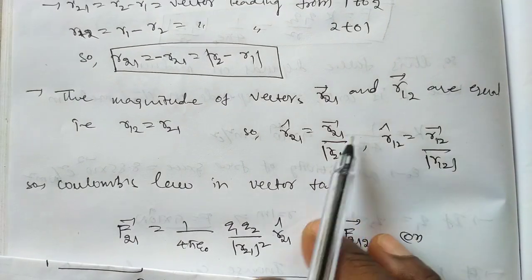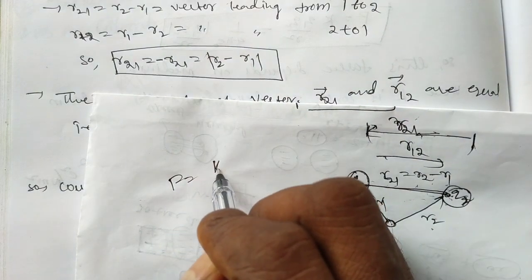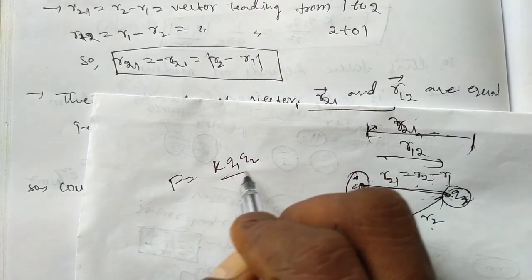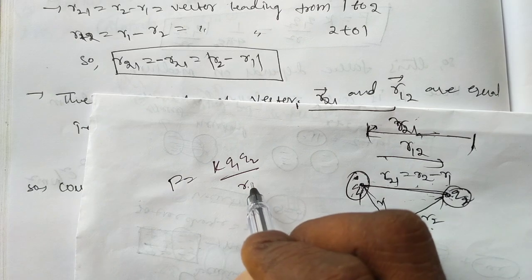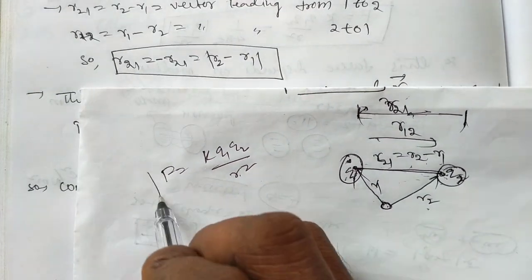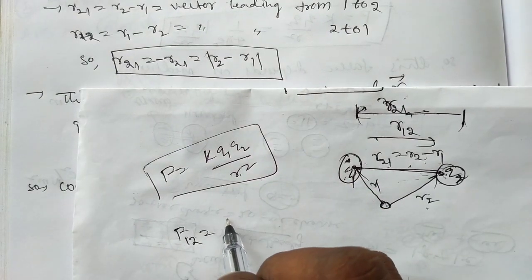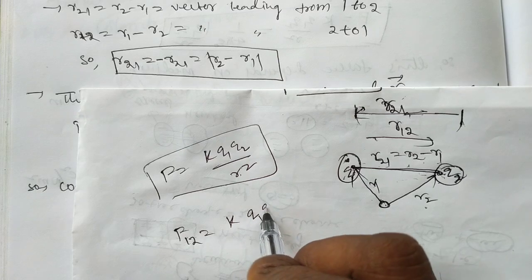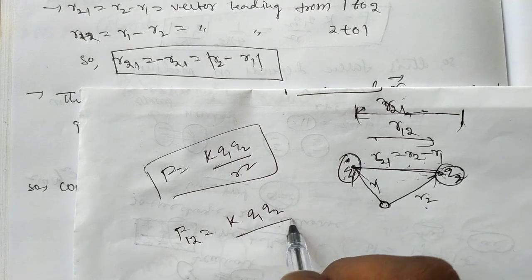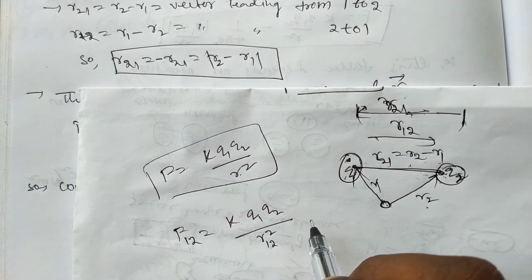In the general formula, F is equal to k q1 q2 by r square. Applying this, F12 is equal to k q1 q2 by r12 square.